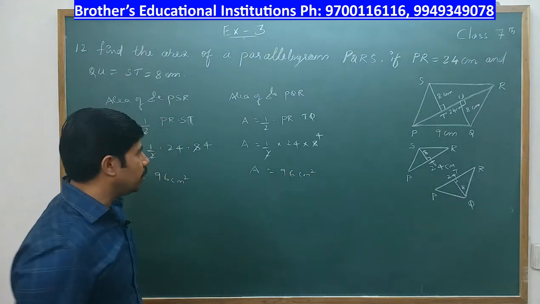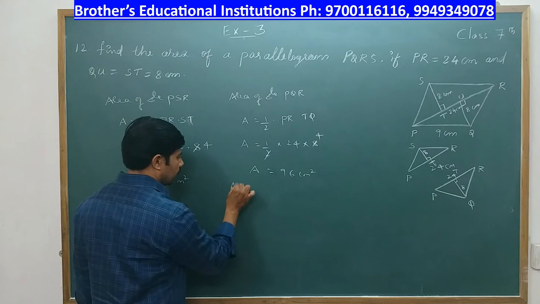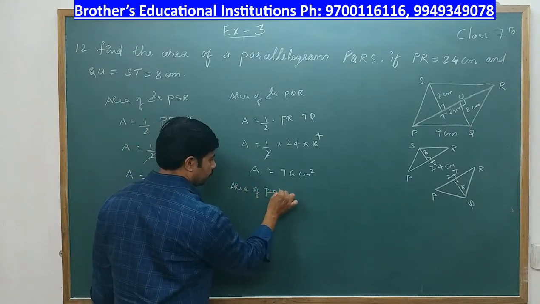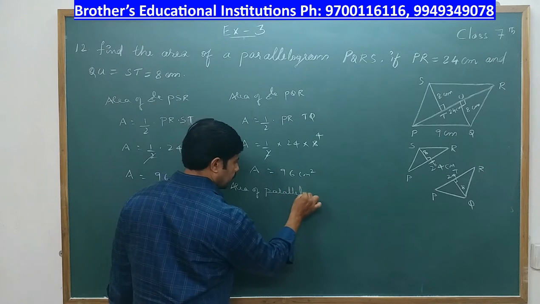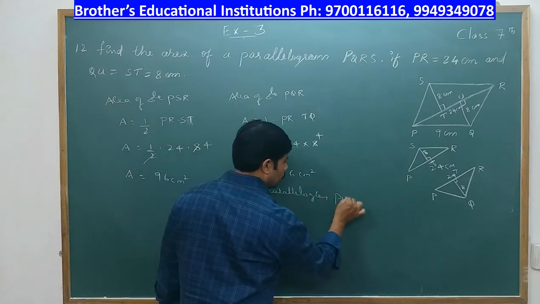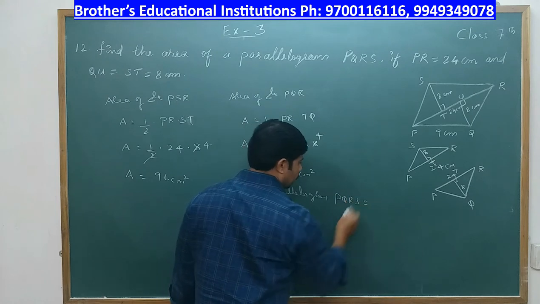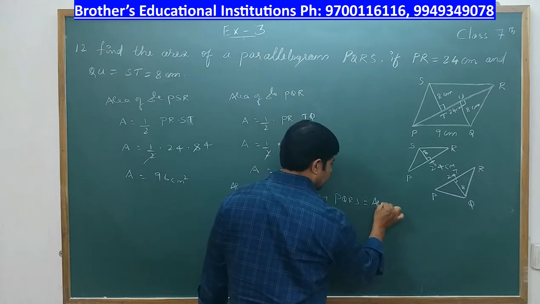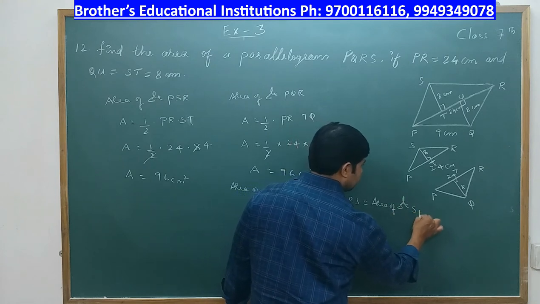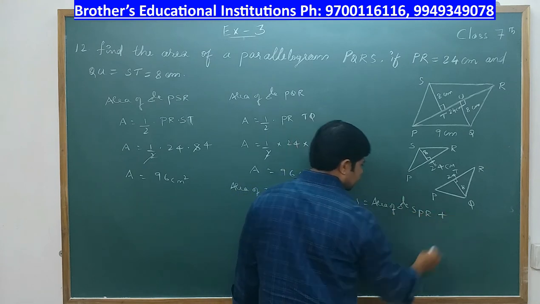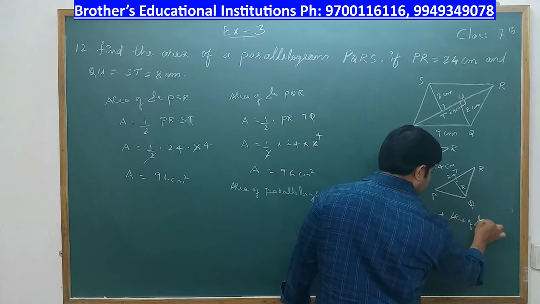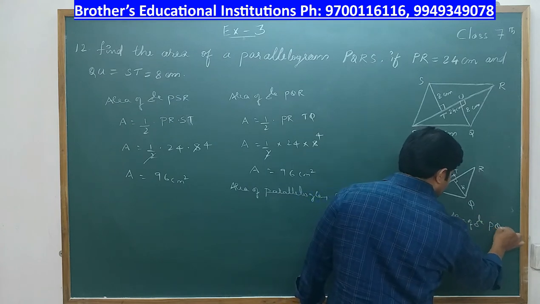Now we'll find the area of the parallelogram. Area of parallelogram PQRS is equal to the area of triangle SPR plus the area of triangle PQR.